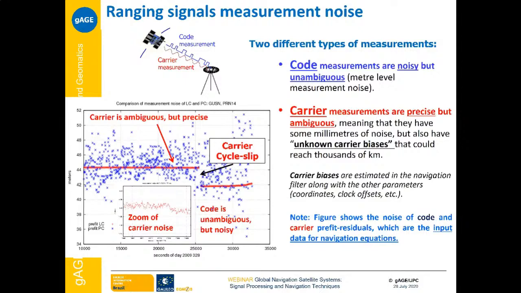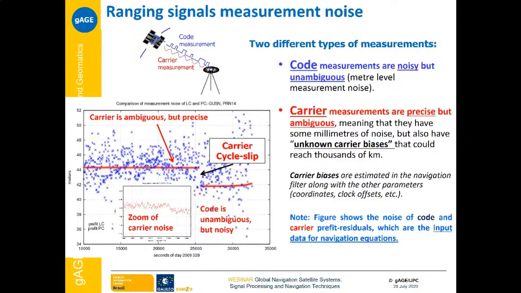Carrier phase, you remember this picture, carrier phase is in red, code is in blue. As you can see, code is noisy compared with the carrier phase. Carrier phase is about 2 orders of magnitude more precise than code, but the bad news is that every time we lose the signal, when we get the signal again, we have jumps.